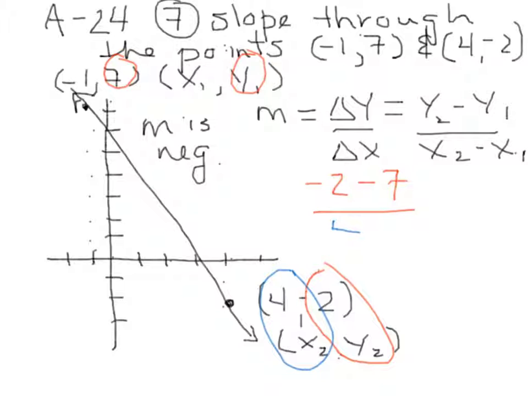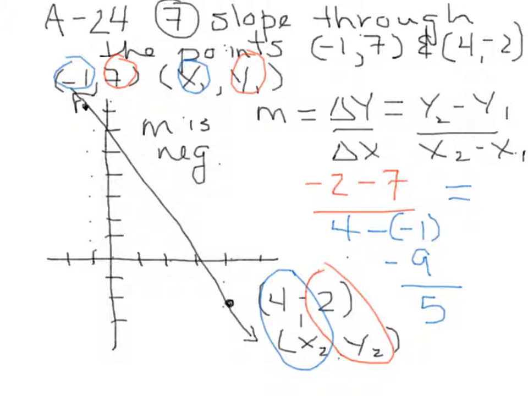So I'm going to get 4 minus, and my x1 is -1, so that's minus a -1. That's going to be equal to -2 minus 7 is -9, and 4 minus -1 is a positive 5. And I can't simplify that.